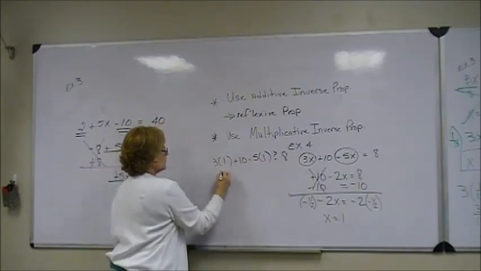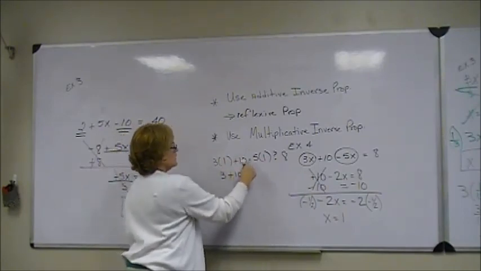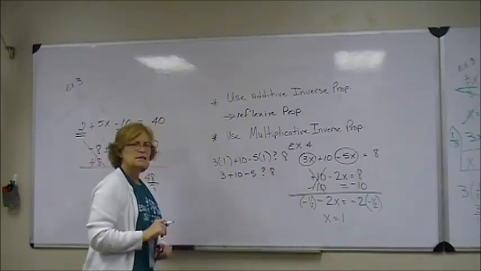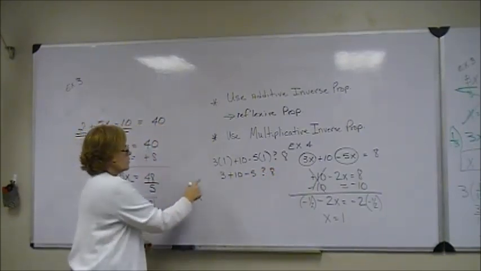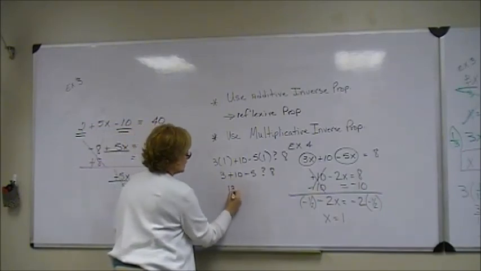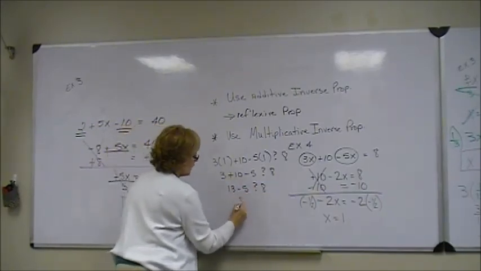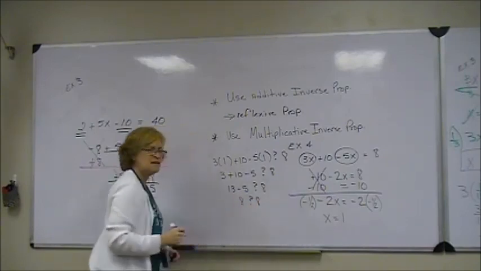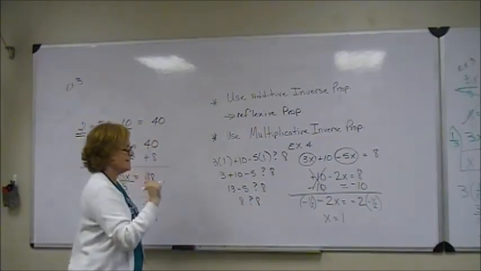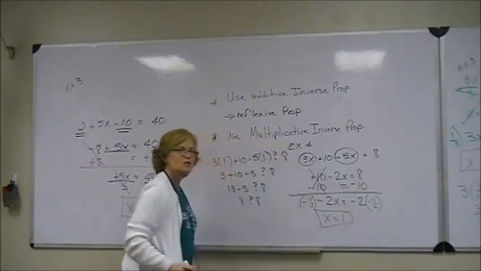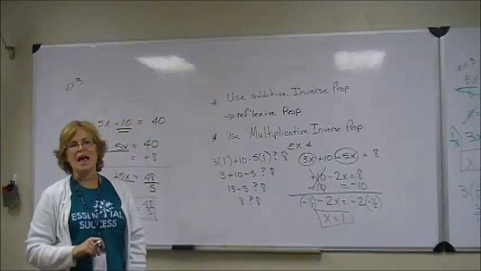So 3 times 1 is 3. Negative 5 times 1 is negative 5. And let's simplify that left side. 3 plus 10 is 13. 13 minus 5 is 8. So is 8 equal to 8? Yes, it is. So therefore, boom, boom, check, check. My solution is x is equal to 1.